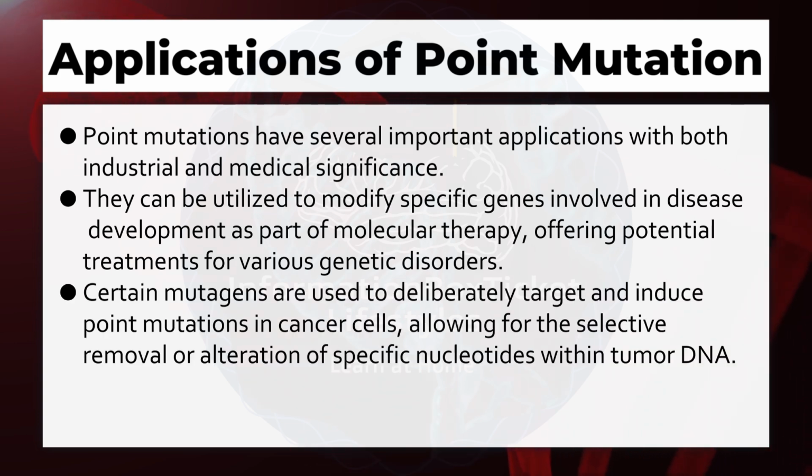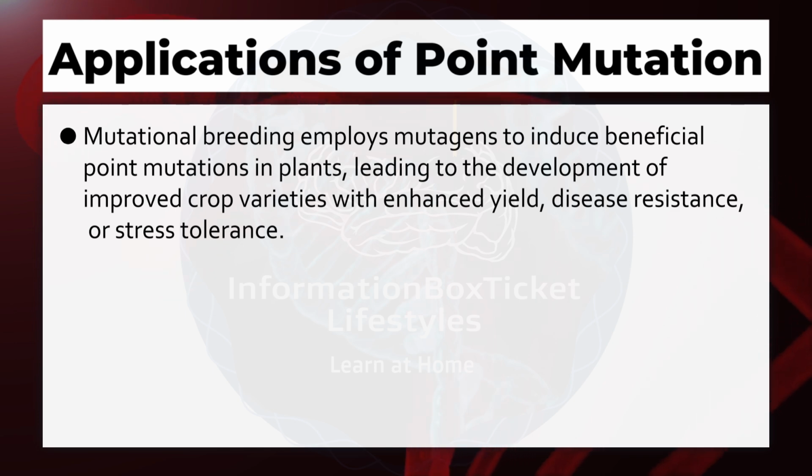Certain mutagens are used to deliberately target and induce point mutations in cancer cells, allowing for the selective removal or alteration of specific nucleotides within tumor DNA. Mutational breeding employs mutagens to induce beneficial point mutations in plants, leading to the development of improved crop varieties with enhanced yield, disease resistance, or stress tolerance.